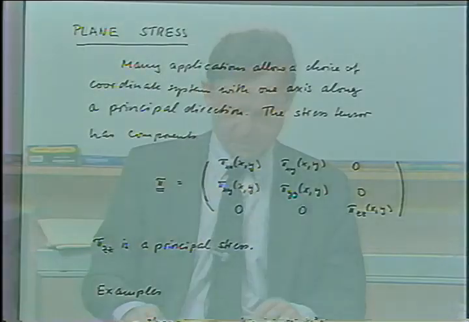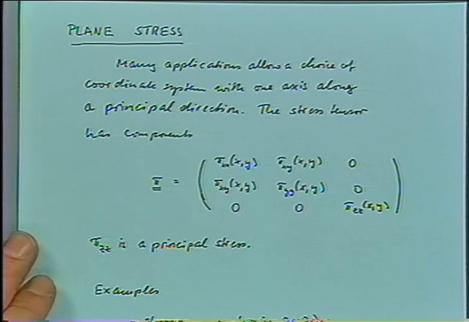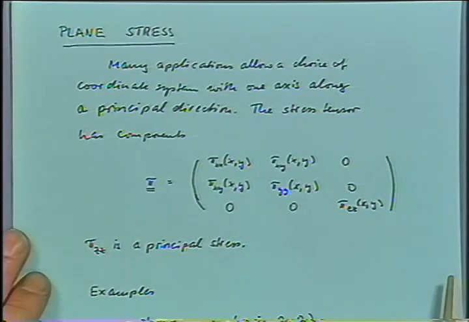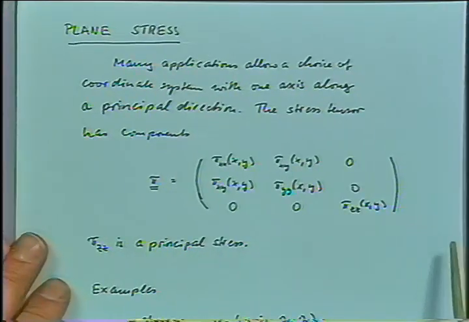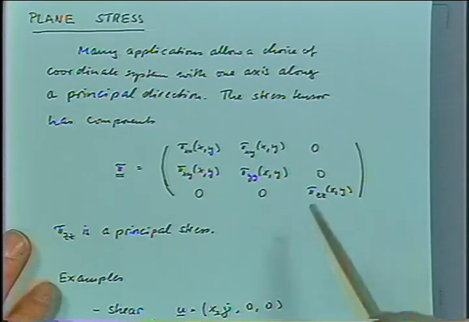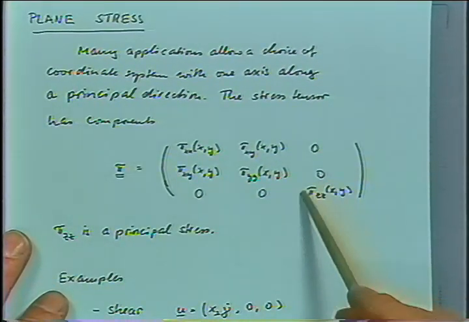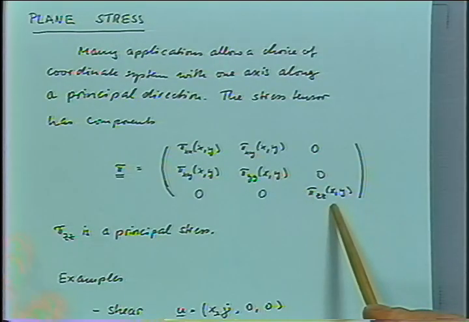Another special situation for stresses occurs with the so-called plane stress, and that goes something like this. We have many applications where one principal axis is constant throughout the flow.